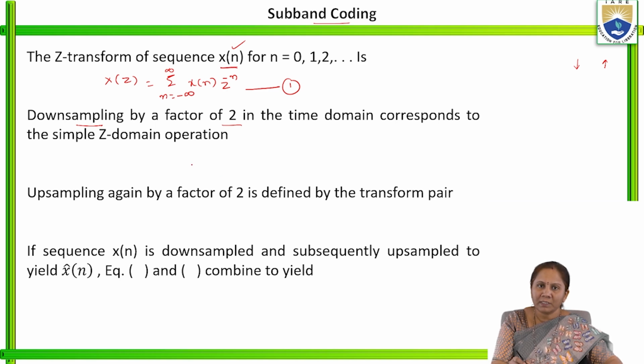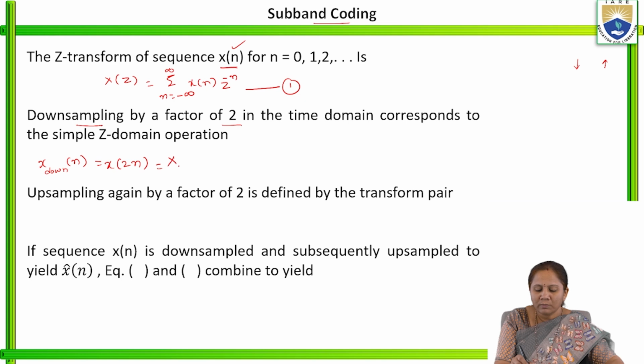It can be expressed as x down of n equals x of 2n, where 2 represents the downsampling factor.